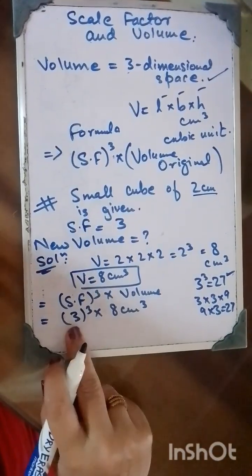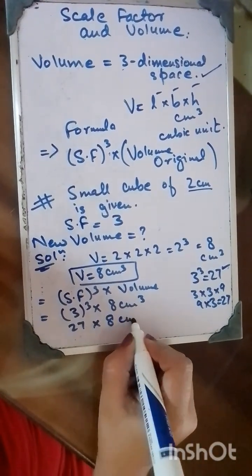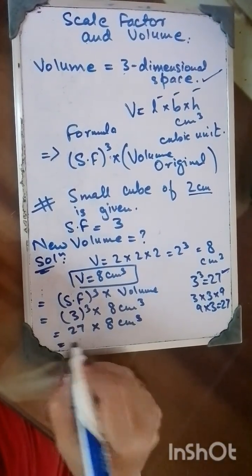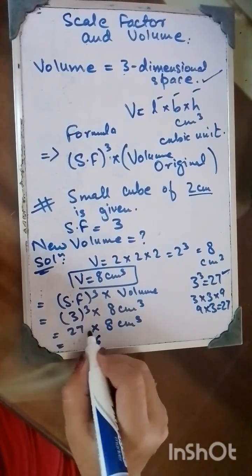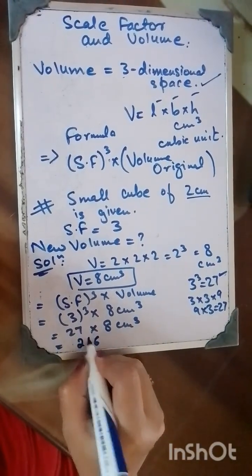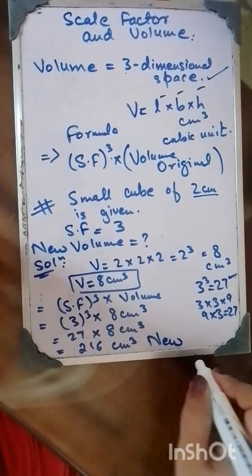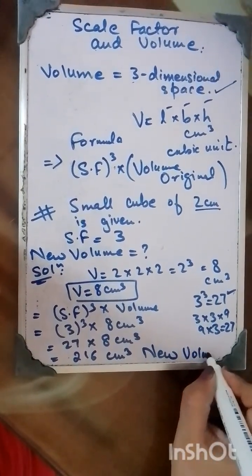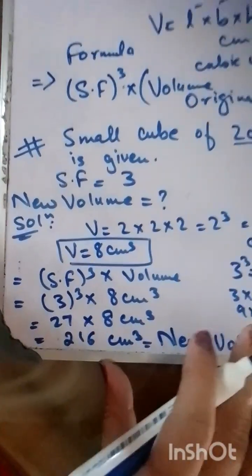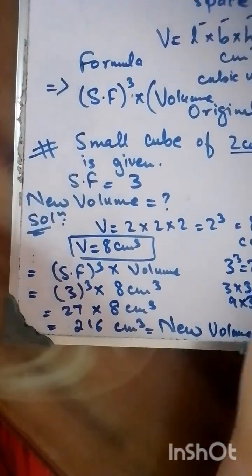Just made it precise for you so that you cannot get confused. So 27 times 8 centimeter cube will get the answer as 216 centimeter cube. That's the new volume using the same scale factor, cubing it and times it with the original one.